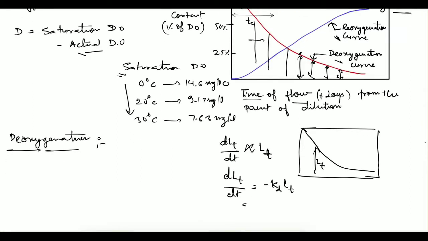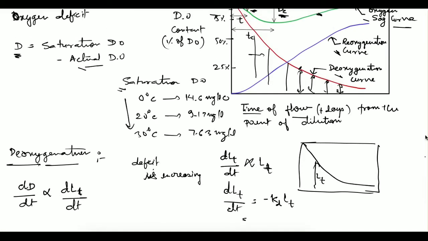Now, as I said, D is the oxygen deficit. So we can say the rate of change of this oxygen deficit is proportional to the rate of change of this organic matter. Now let's understand this. Let's say oxygen deficit is increasing. Then what will happen with this organic matter? If deficit is increasing, it means more and more oxygen is being consumed. That's why deficit is increasing.